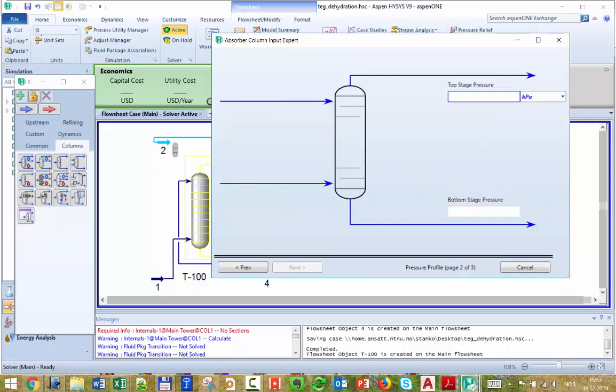Top stage pressure, we say, is isobaric. Mostly, remember, we have some hydrostatic difference due to the column, but let's say it's the same. Let's say 69 bar isobaric. Then you will have the K slightly different. Next, and then done.